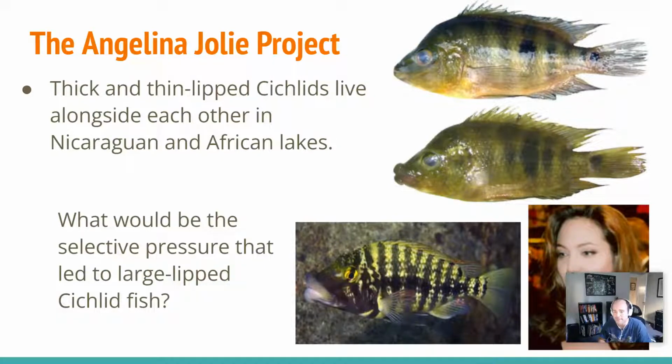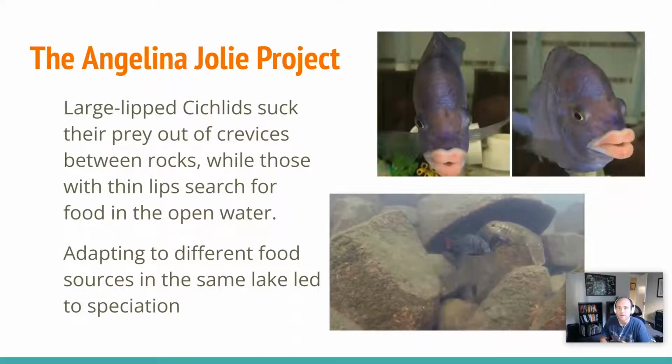And so what they found was that they were occupying different niches. There were different food sources. So this was habitat isolation, where some were staying in the higher water, grabbing fish or bugs in the open water, and they didn't need big lips because they just had to come up and get it. The big-lipped fish were living at the bottom of the lake.